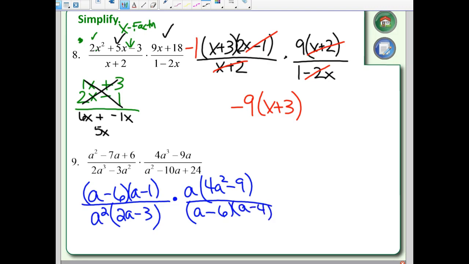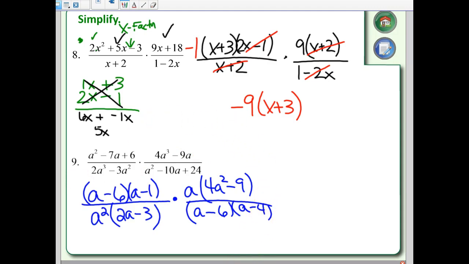Now, when you think you're done factoring, go ahead and look up front at mine and see if yours matches mine as we went through and factored all those. How'd we do? Good?